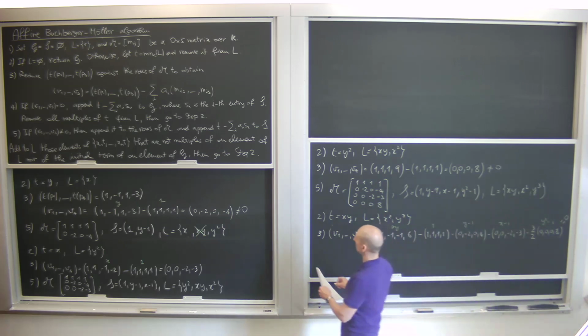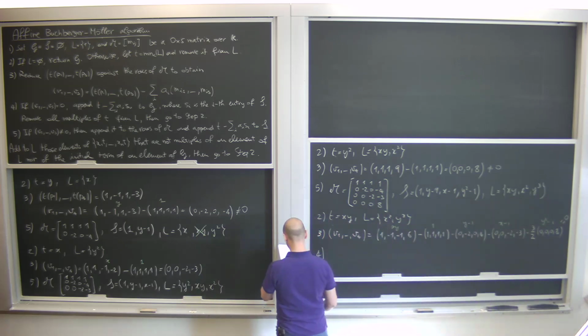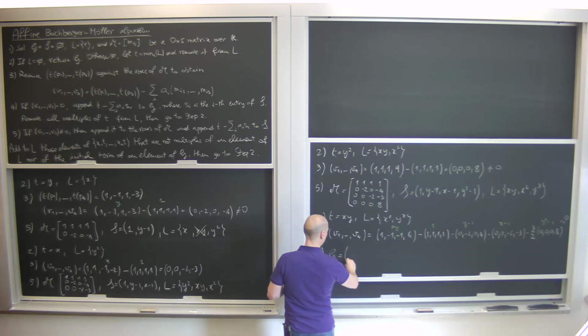So then finally we go to step 4, and in step 4 we add something to G. So it's that combination written up there, right?